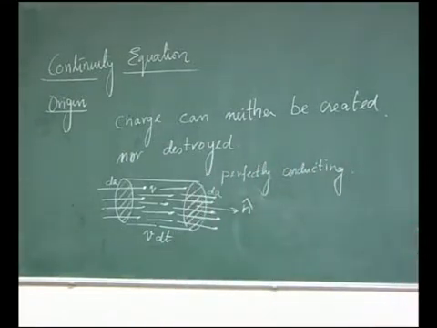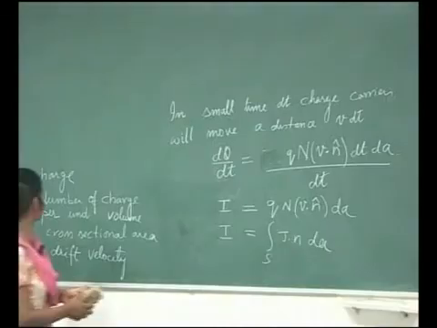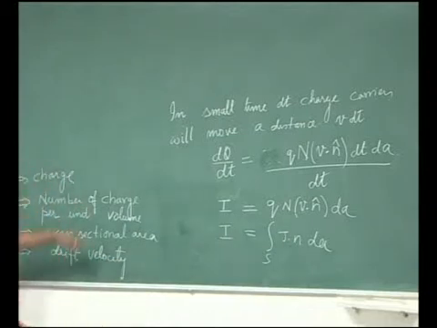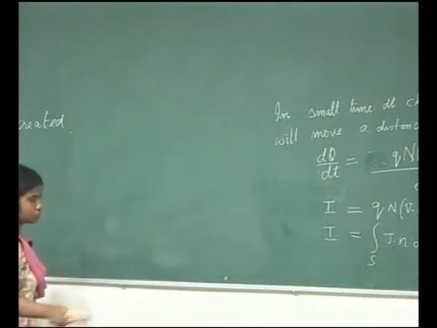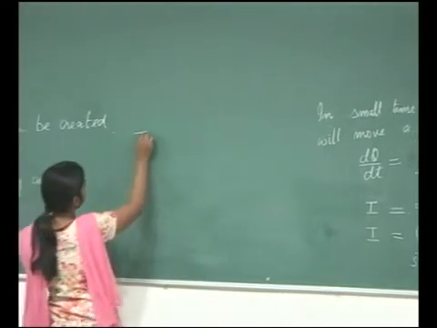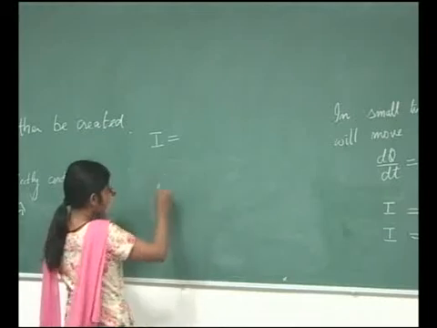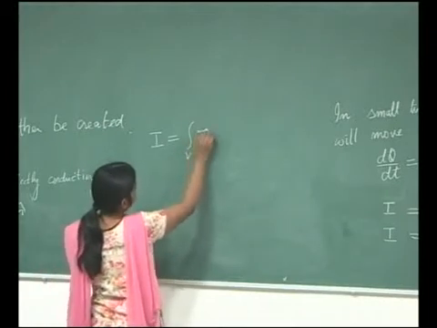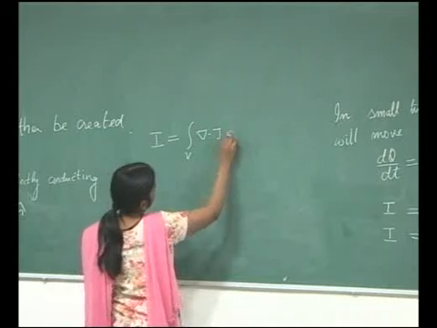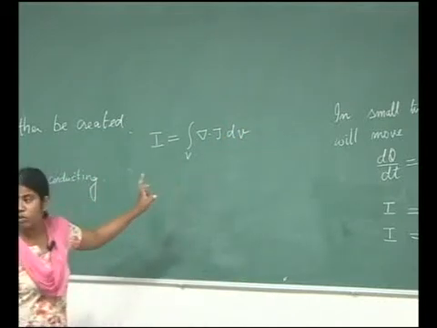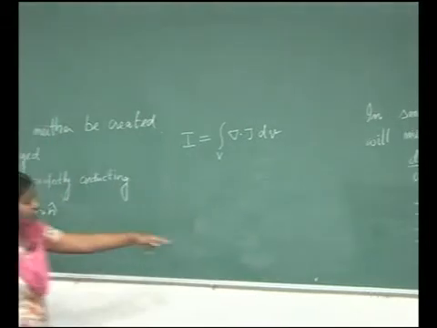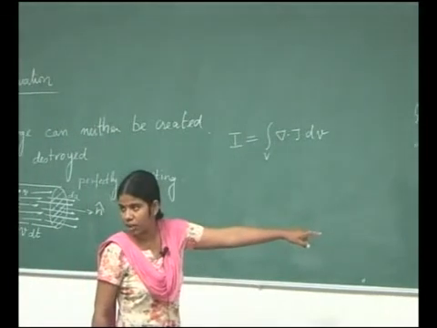Now, I can apply the divergence theorem here. By applying the divergence theorem, I can write the right hand side as integral over V del dot J dV, where V is the volume which is enclosing that surface S. What is my surface?